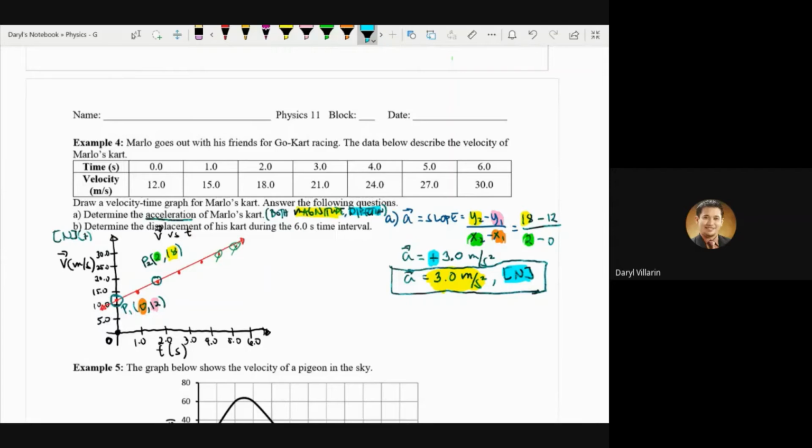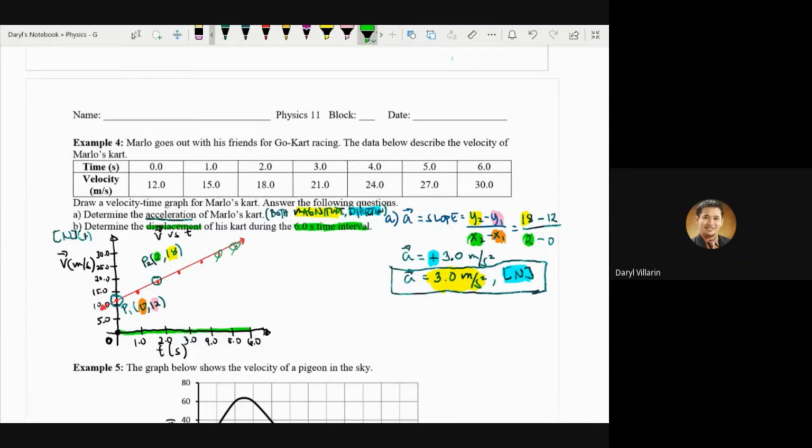Now, for letter B, determine the displacement of this car during the 6-second time interval. So that means it's from 0 to 6. Okay.